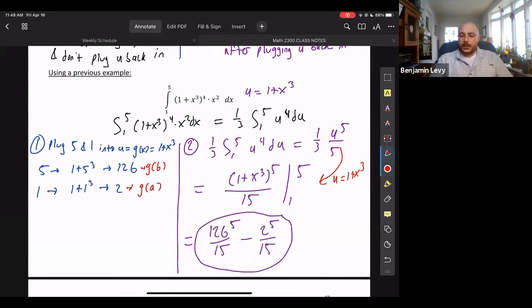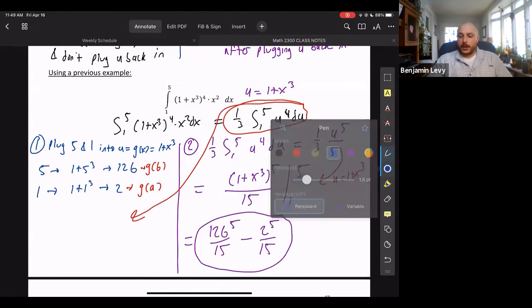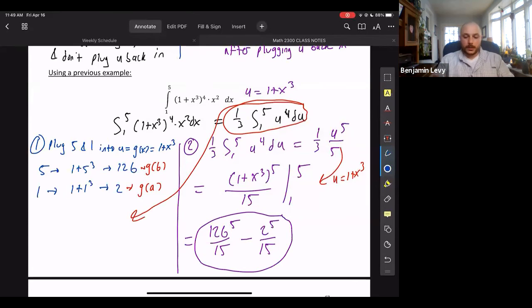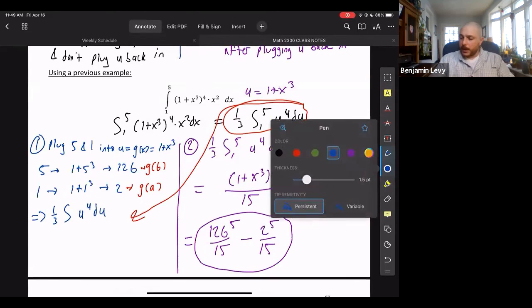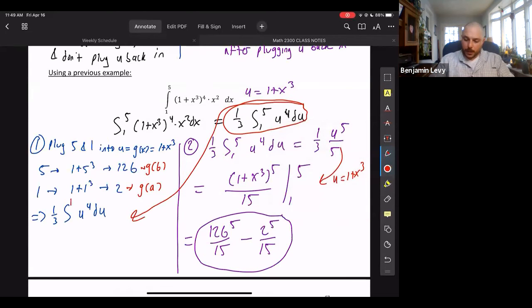And so the nice thing is we don't have to plug u back in. We can just work with this really simple version and use the new bounds. So we'll have 1/3 integral of u to the 4th du, but now the bounds are 126 and 2.